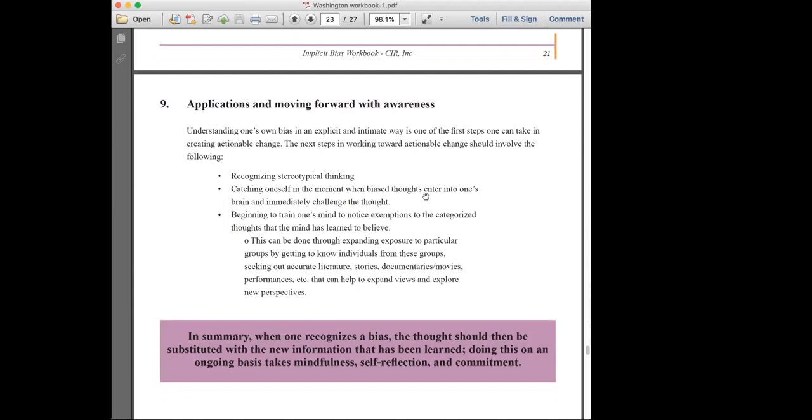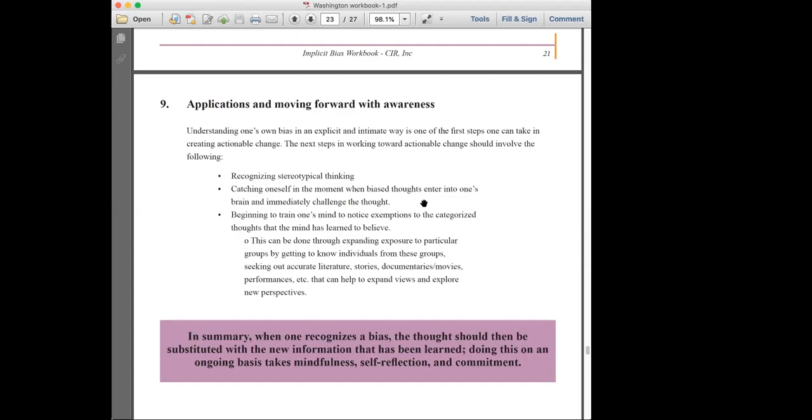In the last section, it talks about what you now do with that. Now that you've gone through this process, now that you've really thought about your implicit biases and made some of them more explicit, what do you then do from there? This section gives you some basic bullet points of where to start.